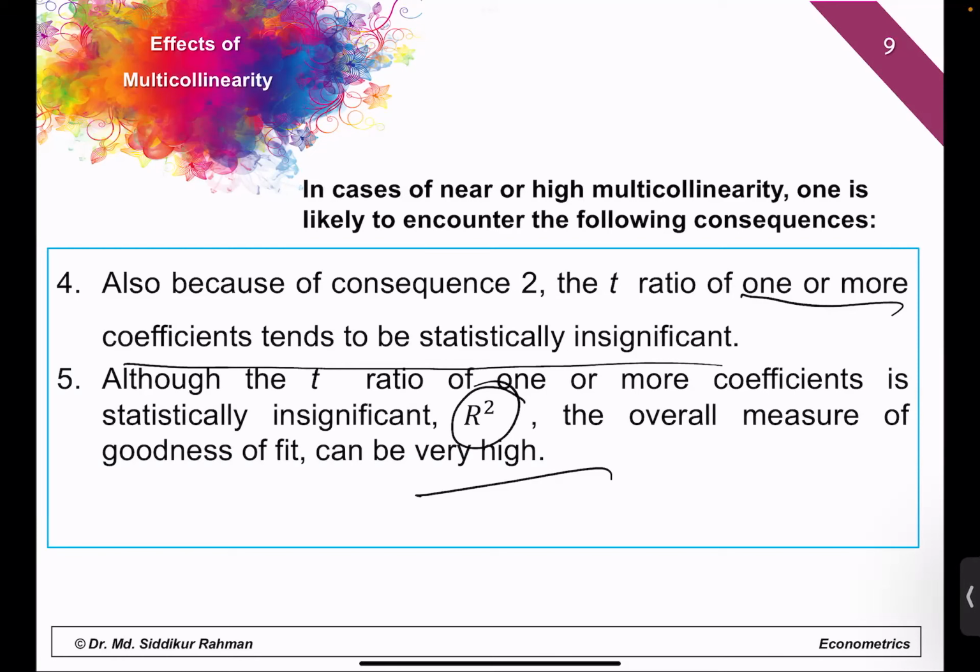I told you, normally when you increase the independent variables, R square tends to get higher, but this is not logical, right? So when you have a multicollinearity problem in your data set, this kind of problem might occur. Sometimes you might see the R square is higher and higher, but you have to check whether there is any multicollinearity problem among the independent variables you consider, right? So you have to check those things.